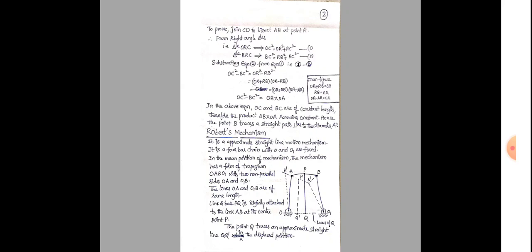That you call as equation 2. Like that I will get two equations by using the two right angle triangles. One is ORC, from which OC square is equal to OR square plus RC square. The other one is BRC, on applying Pythagoras, BC square is equal to RB square plus RC square. Both equations you name as 1 and 2.